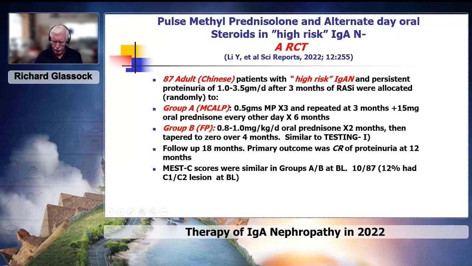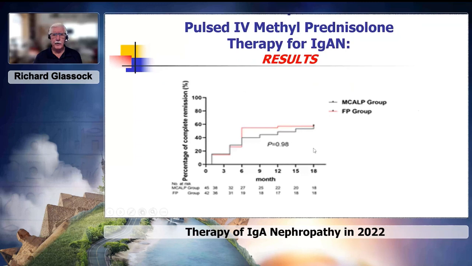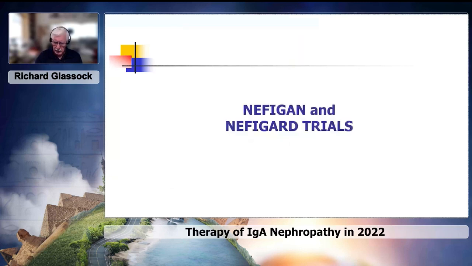And I'll summarize the outcome. There's no difference in outcome when you use pulsed IV methylprednisolone for treatment of IgA nephropathy. So at the moment, there doesn't seem to be any clear role for this therapeutic approach, and oral moderate dose steroid seems to be effective and safe.